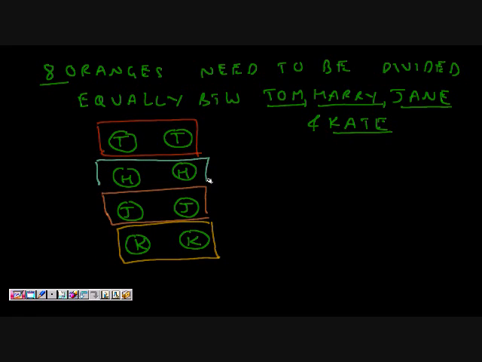So there are 4 groups, 1 group, 2 groups, 3 groups, 4 groups, for 4 people. Each of them has 2 oranges: 1, 2, 1, 2, 1, 2, 1, 2. So each one of them gets 2 oranges.